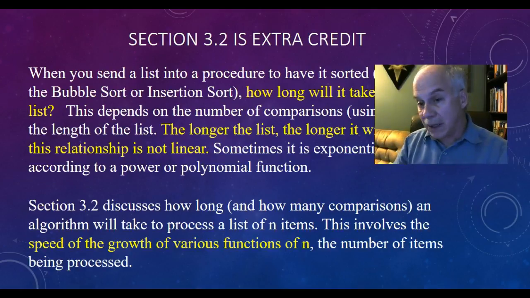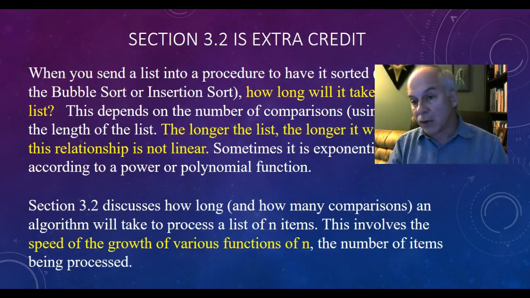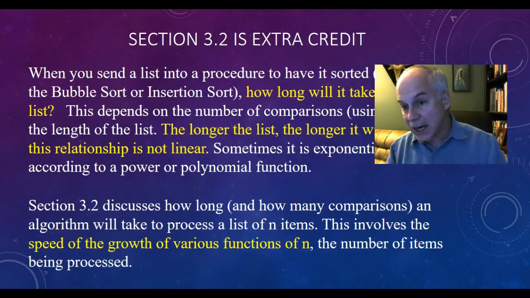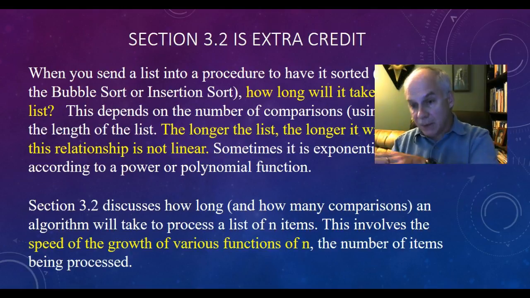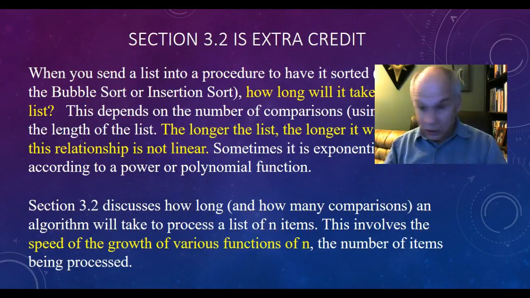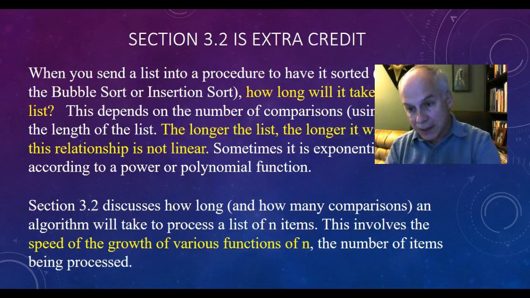And that's important, because if you have an algorithm to sort some numbers and you want it to do it in a reasonable amount of time, if that speed of processing really slows down when you put a large list in there, you're going to have an issue. You want it to process in a fairly quick way.